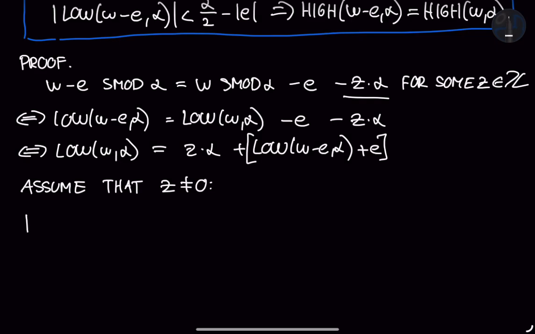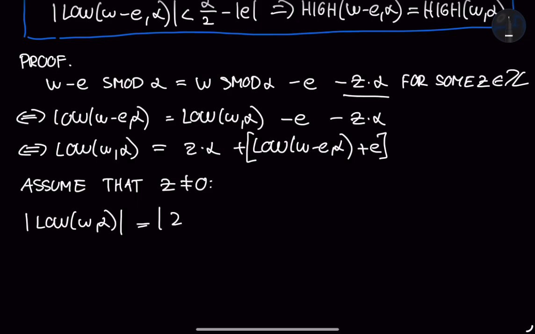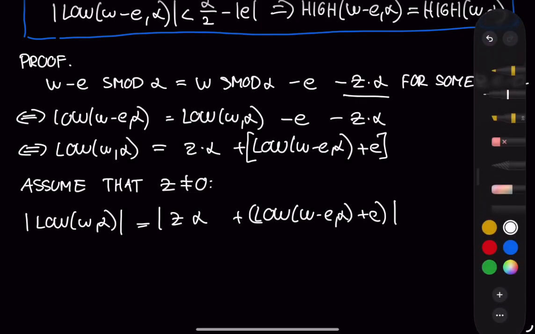The first step from the last equality is that we put an absolute value around this one, so we can apply the reverse triangle inequality, and then this changes a bit.